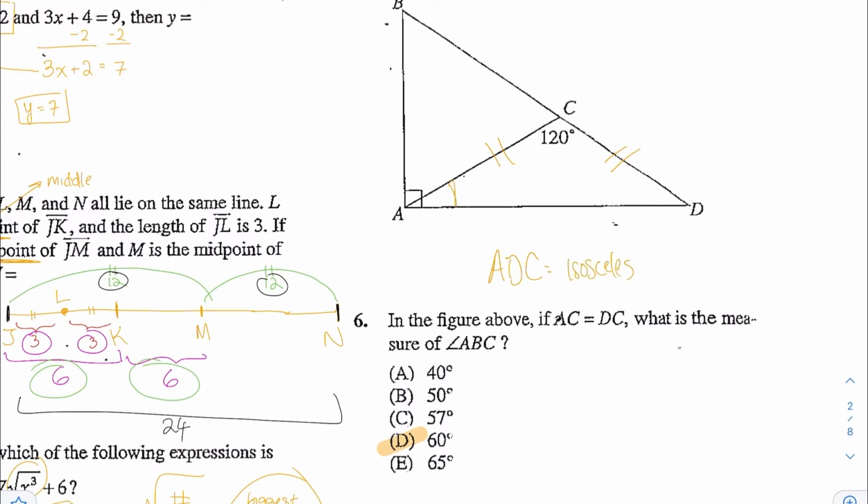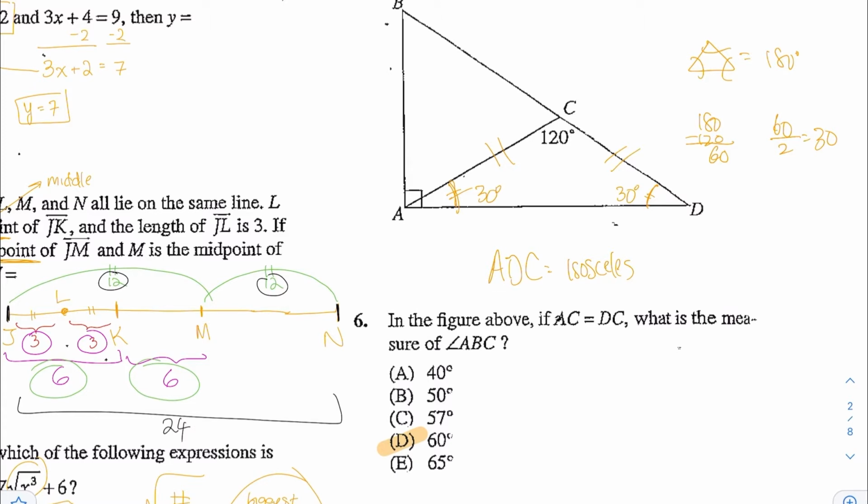So that means that the opposite angles are going to be equal as well, the ones that are opposite from the two equal sides. So here you know that one of the angles is 120. So if you do 180 minus 120, remember a triangle's 3 angles add up to 180. You have 60 left, and 60 divided by 2 is 30 because they're two equal angles. So each of these will be 30 degrees.